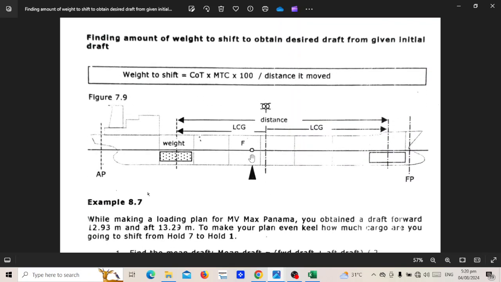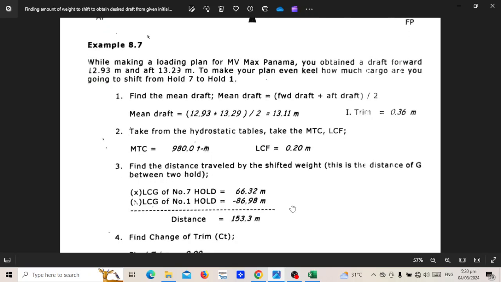It is positive because from the center of flotation, the aft part is always positive, and from the center of flotation, the forward part is always negative. That's why hole number 1 has a negative sign of 86.98, and hole number 7 is 66.32.